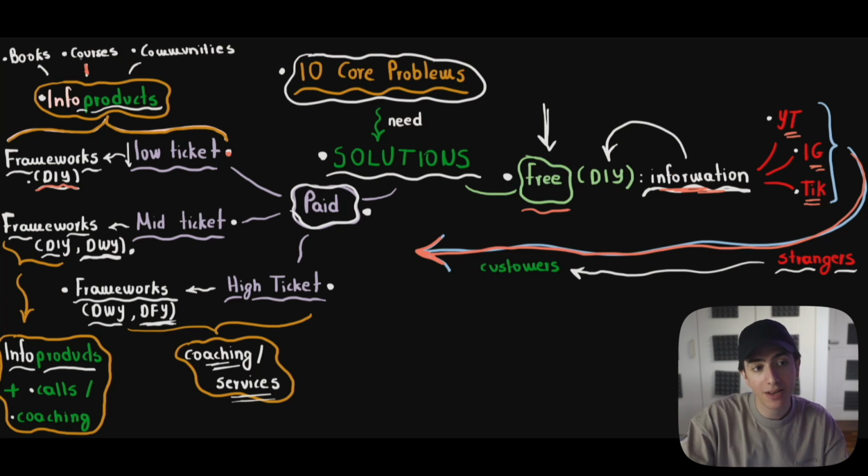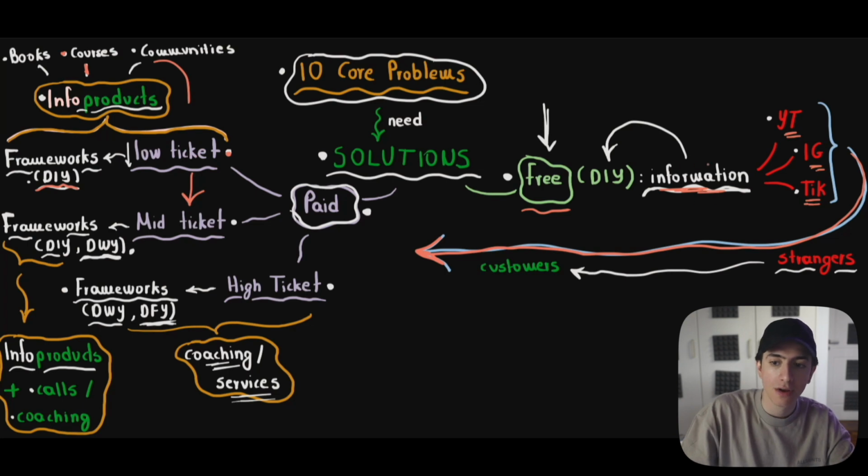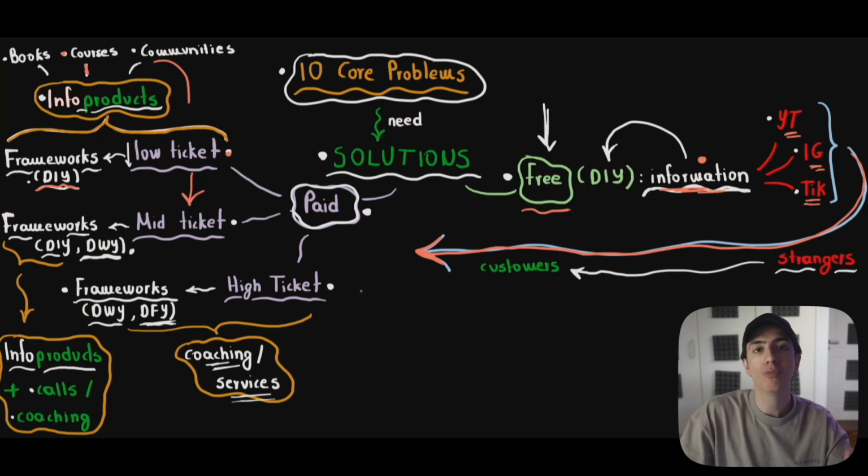Then in the course I would have a call to action, and I would encourage people that are engaged to check out my mid-ticket product. Because what usually happens is that a low-ticket product solves some problems that arise from the information that we give for free, but creates new problems that are solved by the mid-ticket product.